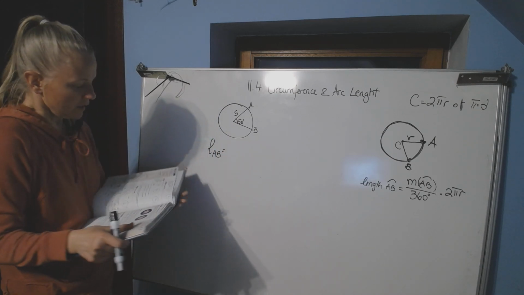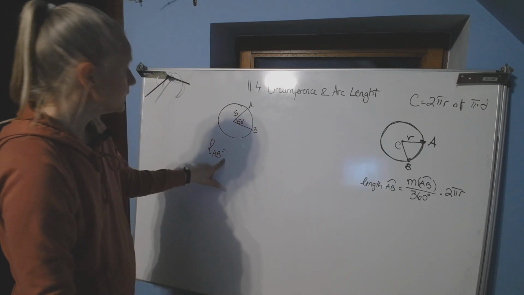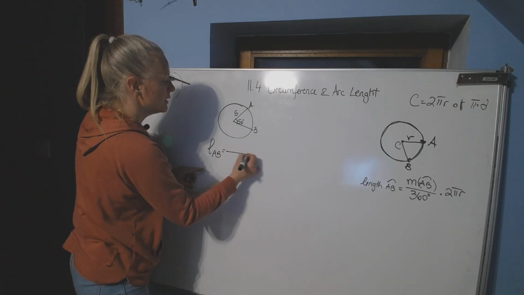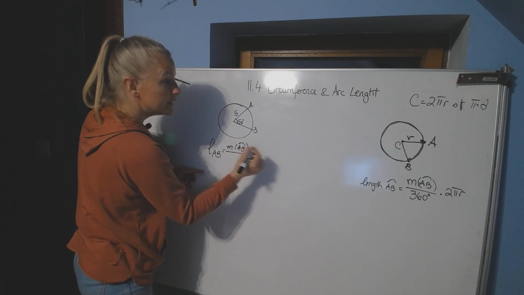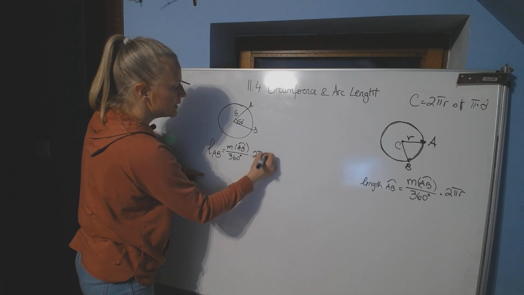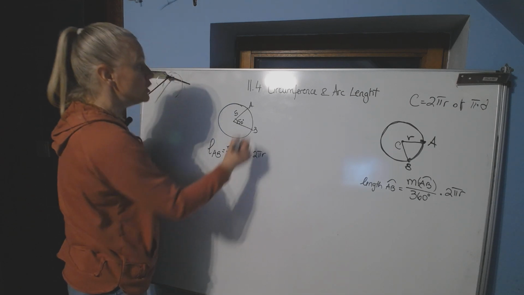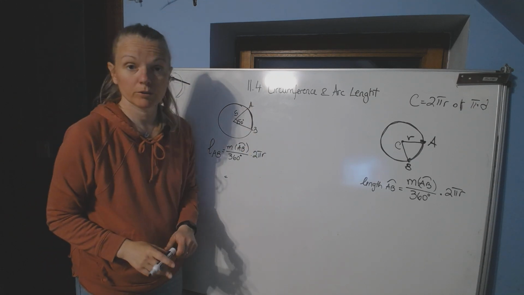Let's plug in everything that we know and see if we have all of the information that we need. The length of AB is going to be the measurement of AB divided by 360 times 2 pi r. Let's replace everything that we know. Do we know the actual degree measurement of this arc? Yes, we do, from chapter 10.